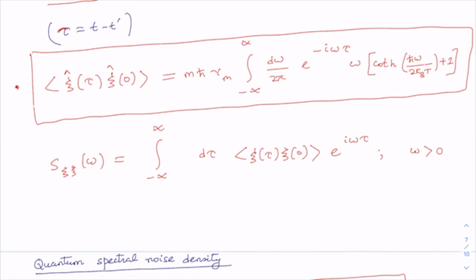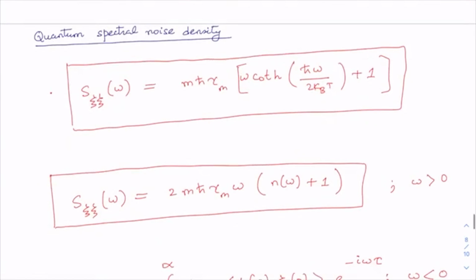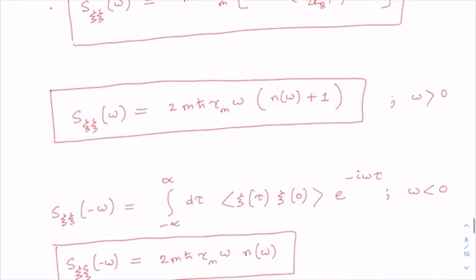quantum spectral noise density, and to do that we just have to work out the Fourier transform of the correlator, and doing that we get the expression for the quantum spectral noise density for omega greater than 0, and we have worked it out for omega less than 0 also.